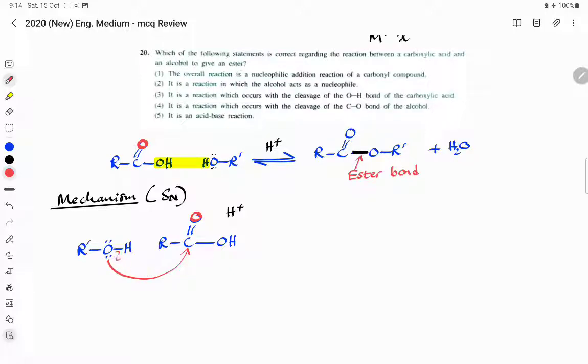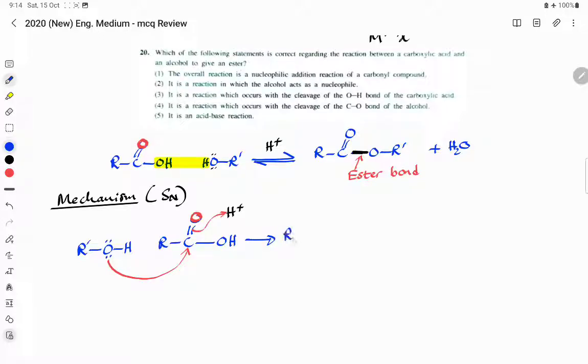When the lone pair attacks the carbon, it forms a bond with this oxygen. In order to form the bond, the carbon should have an empty orbital. How does it empty its orbitals? By removing the pi bonds. So these electrons are given to the H plus.